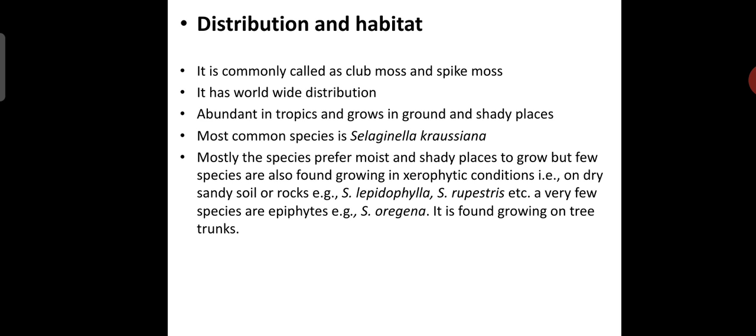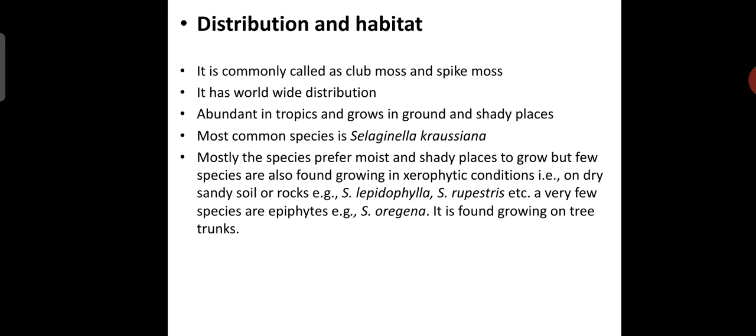Mostly the species prefer moist and shady places to grow, but a few species are also found growing in xerophytic conditions, that is on dry sandy soil or rocks. Example, Selaginella lepidophylla and Selaginella rupestris, etc.